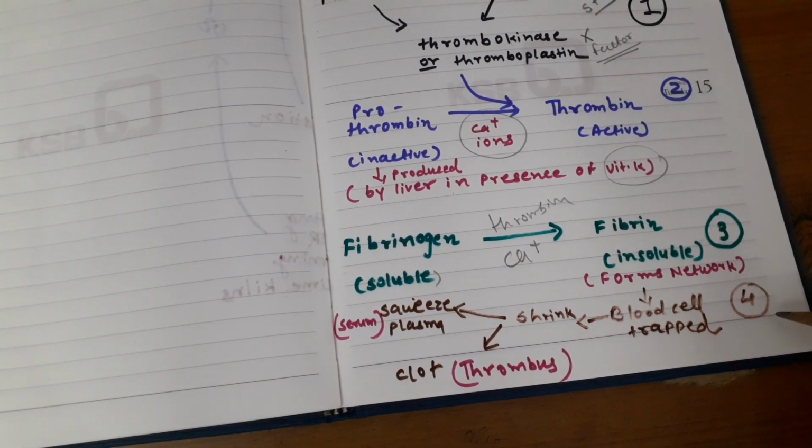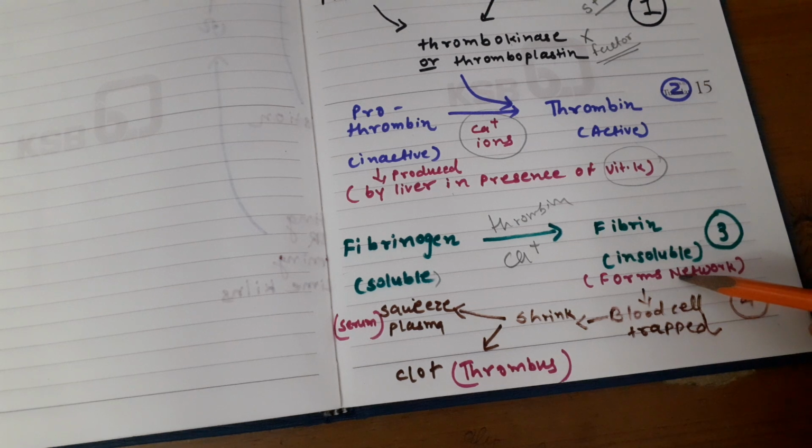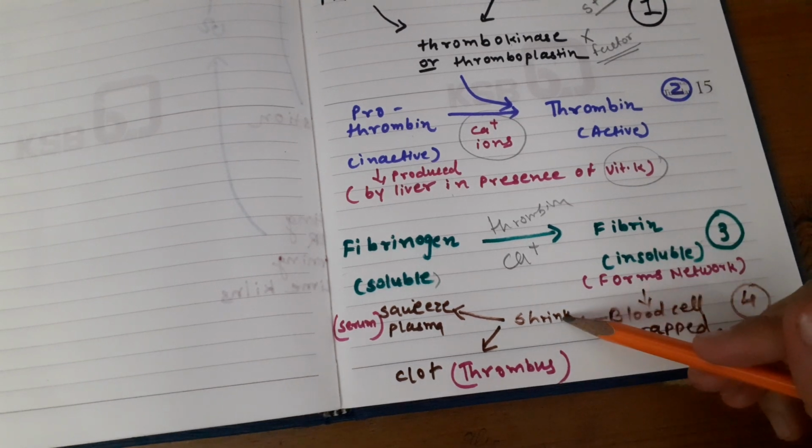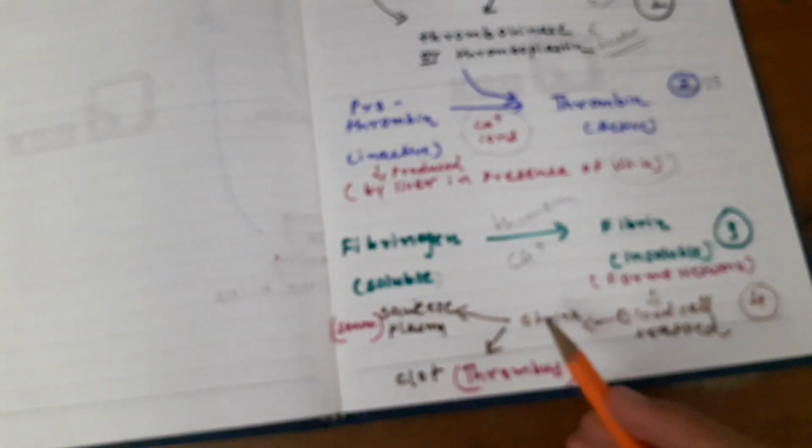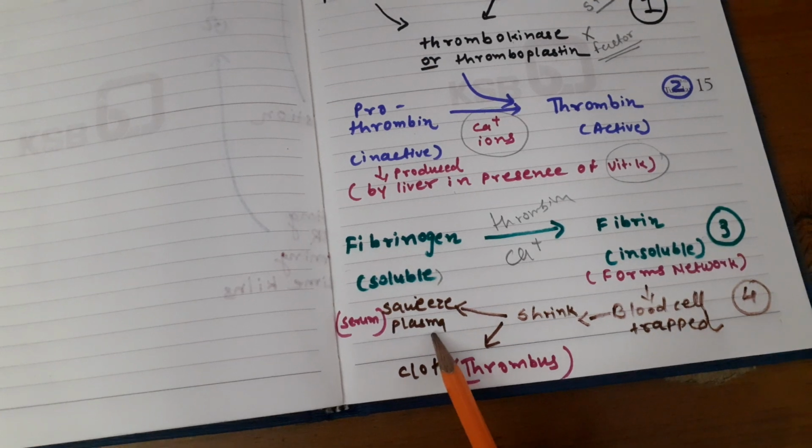Now we'll go for our fourth step. The blood cells are trapped in this network of fibrin. Afterward, this network shrinks again. When the network shrinks, it squeezes out the plasma.